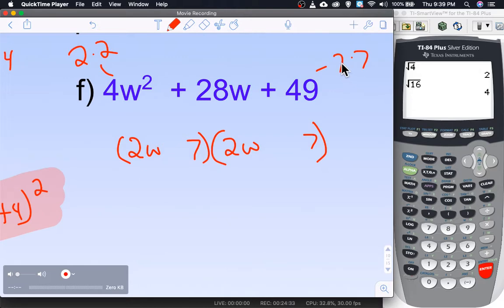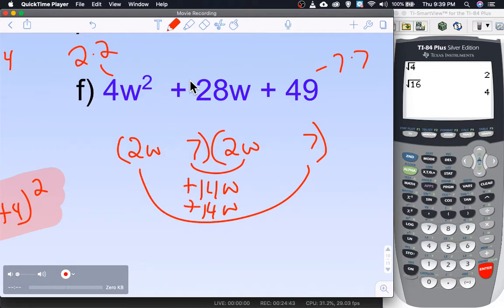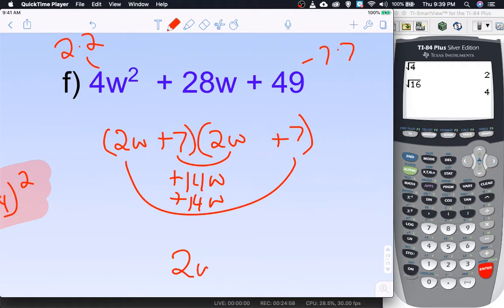We can't guarantee it, but I can be fairly sure. 14w, 14w. To make it a positive 28, both 14s would need to be positives. And a quick little mental math check. 7 times 7 is positive 49, good. Our middle terms work out. We got it. So now the solution would be 2w plus 7 squared.